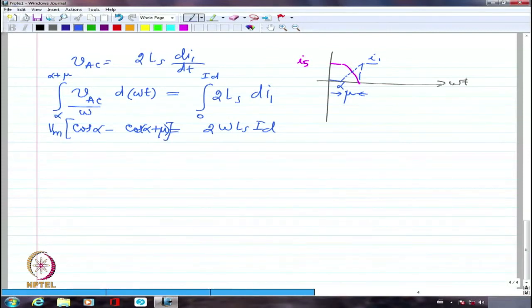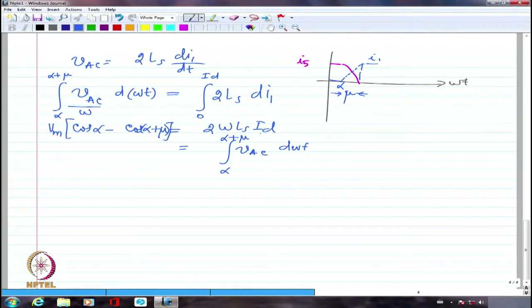This is what is my omega Ls ID multiplied by 2. So this is essentially VAC d omega t integrated from alpha to alpha plus mu. That's all.